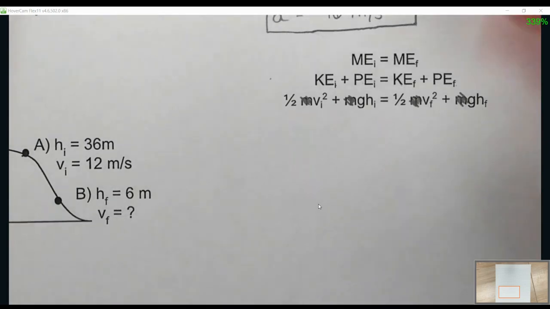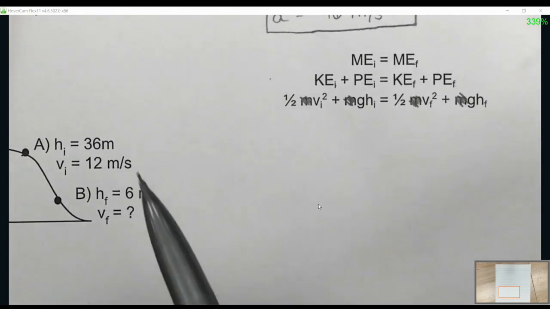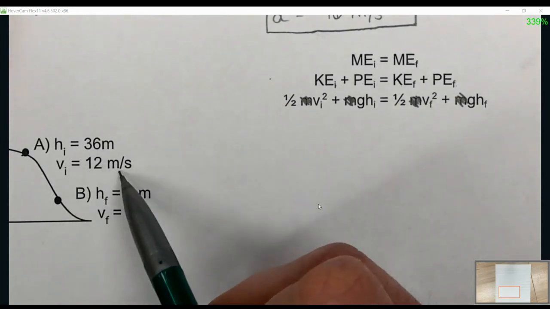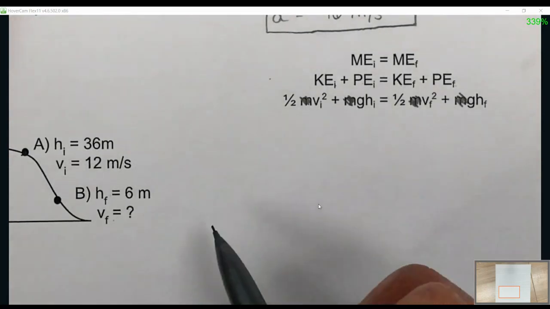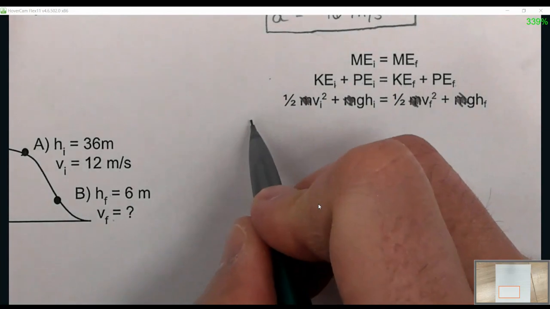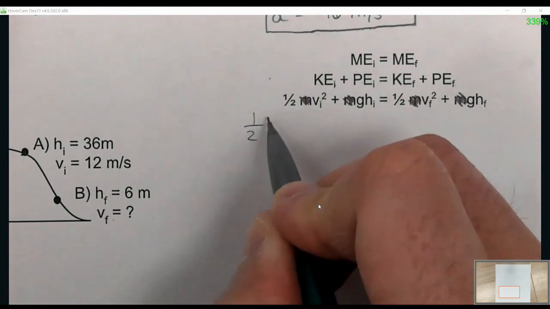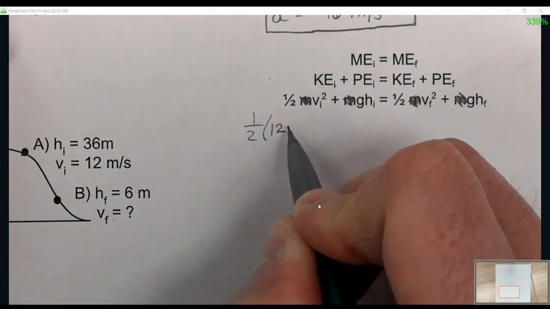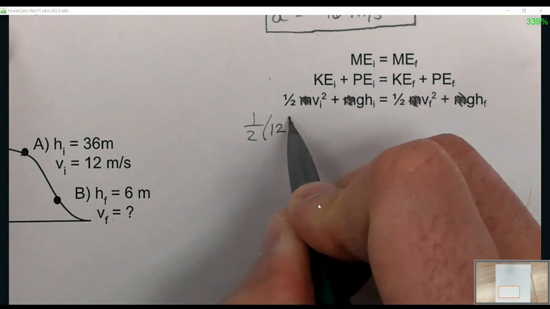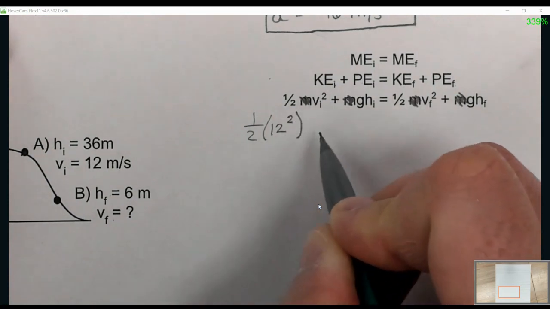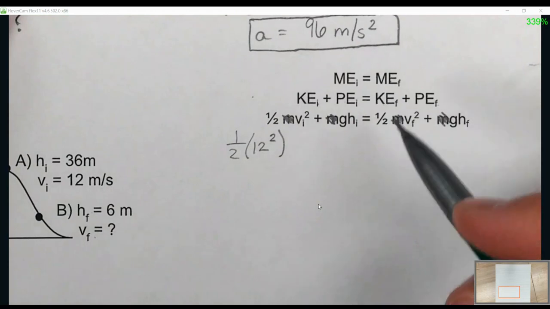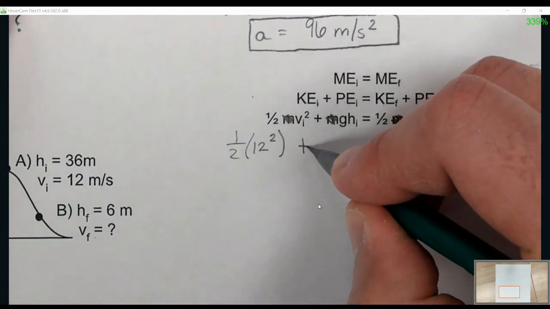So now you're literally going to put these values under what we have now. I have to bring down this 1/2. VI is 12, but the VI is squared, so you have to remember that. Put that inside the parenthesis. We're going to bring down your plus sign.